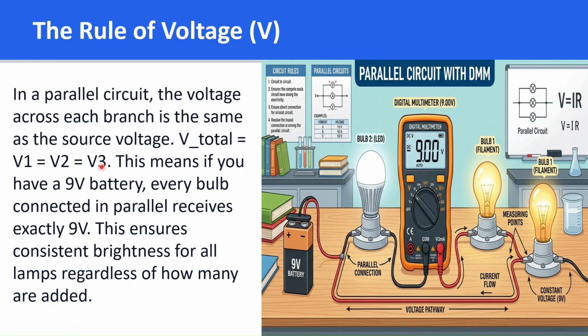So the same lang dyan ang voltage 1, voltage 2, voltage 3. This means if you have a 9 volts battery, every bulb connected in parallel receives exactly 9 volts. So this ensures consistent brightness for all lamps regardless of how many are added.